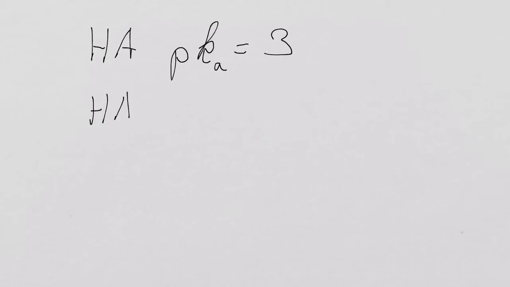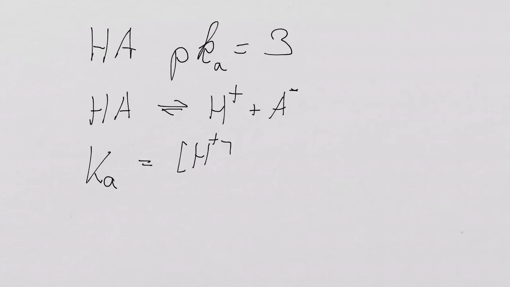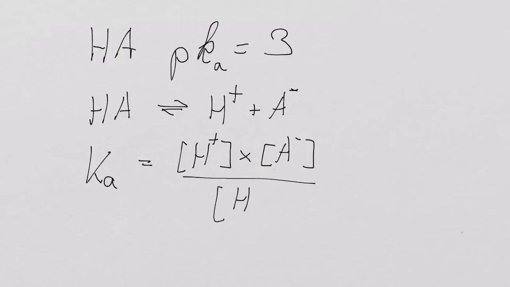So in this case, we would have HA dissociates into H plus plus A minus. And of course, we can write this as a dissociation equilibrium. We can write Ka equals proton concentration times A minus divided by HA.